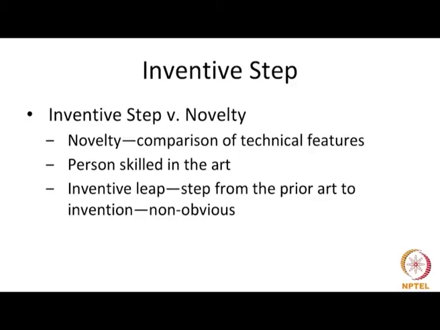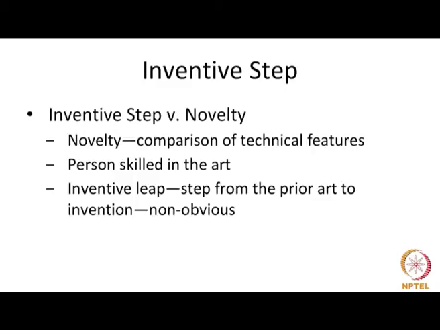So, the art advanced to a particular point and the entire art, that is the field of technology, was at a particular point of development. The invention, which claims to have an inventive step, made an advancement from that point.